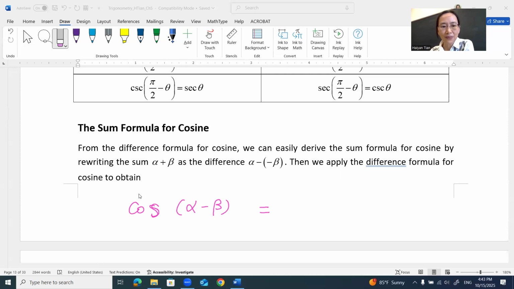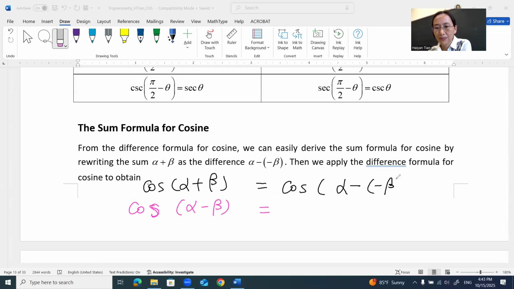But suppose you have a sum, can we get a formula? We call it the sum formula for cosine. Can we do that? The sum is actually a difference if we write the sum as alpha minus negative beta. This will be a difference. So then we can apply the difference formula for cosine.